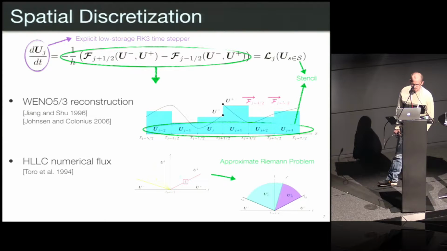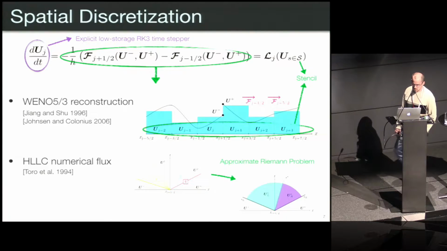The first is a high-order reconstruction, which we use to reconstruct cell-averaged quantities at cell faces as pointwise values, denoted here by u minus and u plus. This operation consists of a stencil, so we use a high-order WENO5 reconstruction, which consists of a 6-point stencil to reconstruct u minus and u plus.